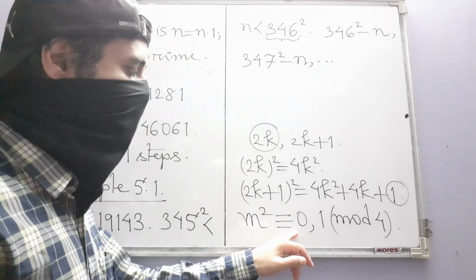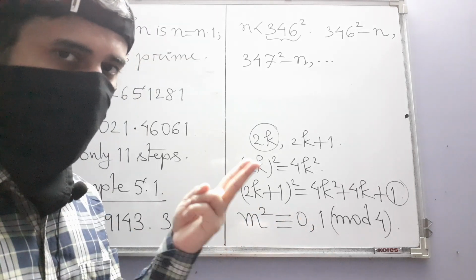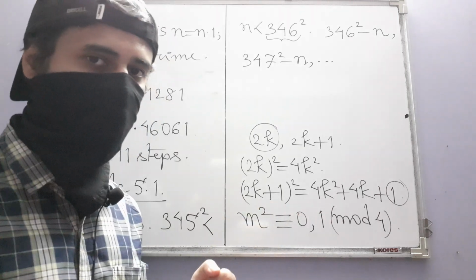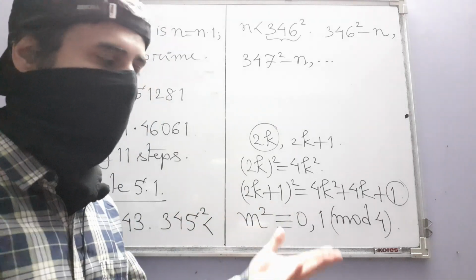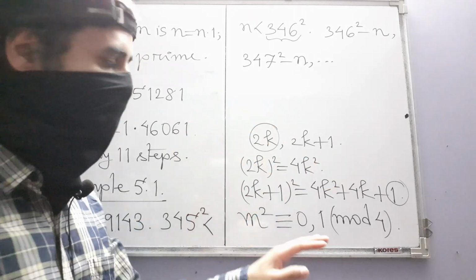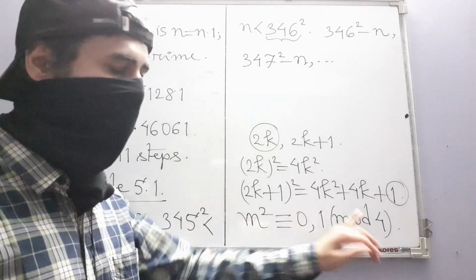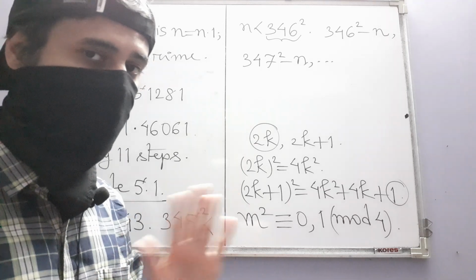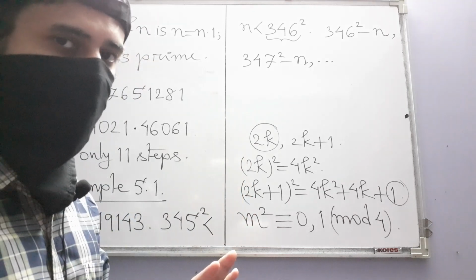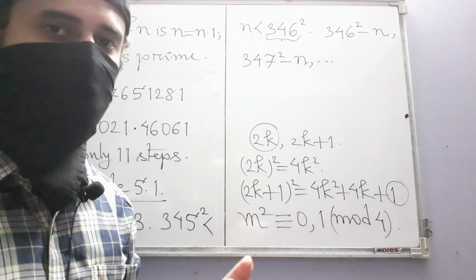If that remainder is neither 0 nor 1, if it is 2 or 3, then you immediately know they are not perfect squares, so you rule them out. However, if they are congruent to 0 or 1 modulo 4, that itself does not tell us they are perfect squares. But this little observation may help you rule out many things here.